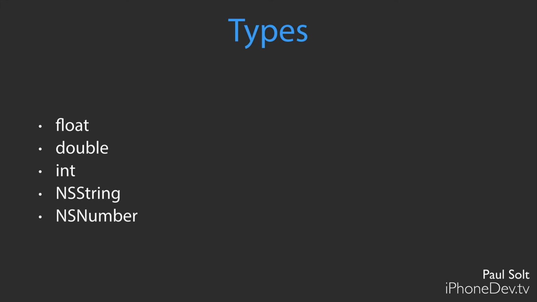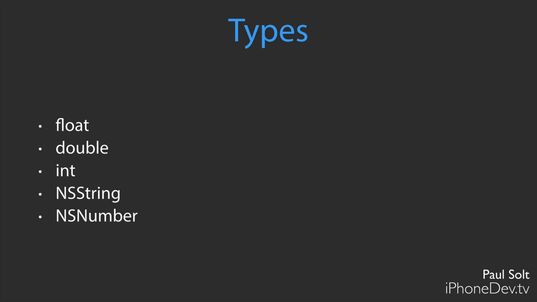Next, we have NSNumber. This is another object that Apple provides that allows us to work with all of the primitive data types, and we can create an object to represent them. We'll want to create objects when we're working with collections, and that's one of the big areas where you'll see this used, when we have an array of information.